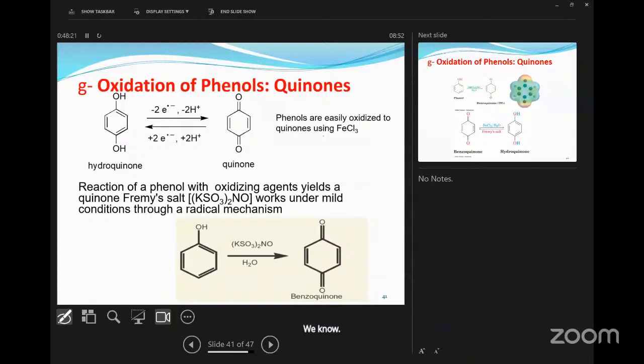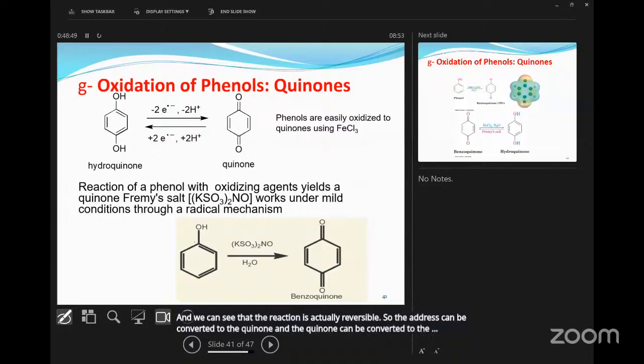Phenols are easily oxidized to quinones using a catalyst. So this is the catalyst that is used. Iron trichloride is used to form that. And you can see that the reaction is actually reversible. So the hydroquinone can be converted to the quinone, and the quinone can be converted to the hydroquinone.